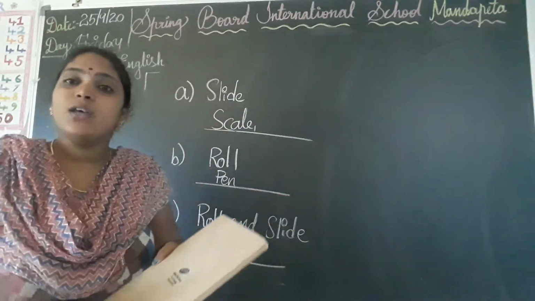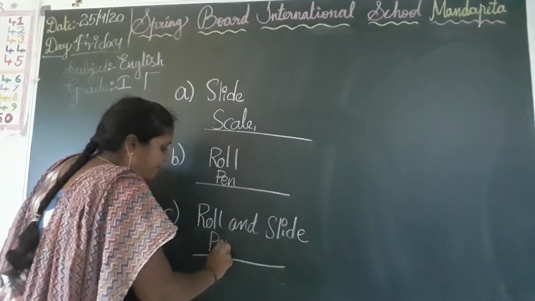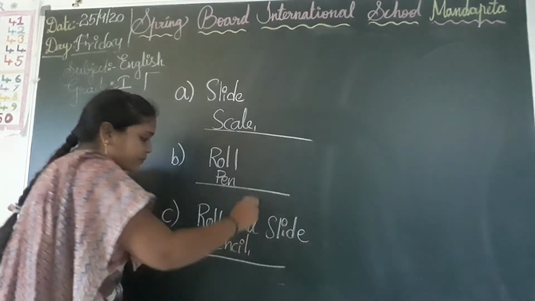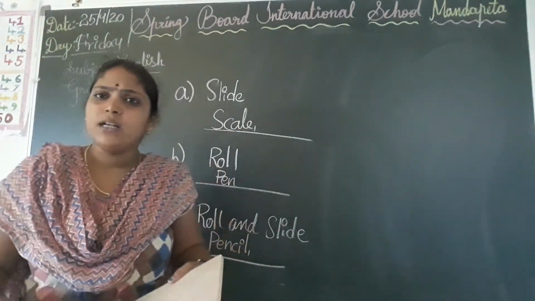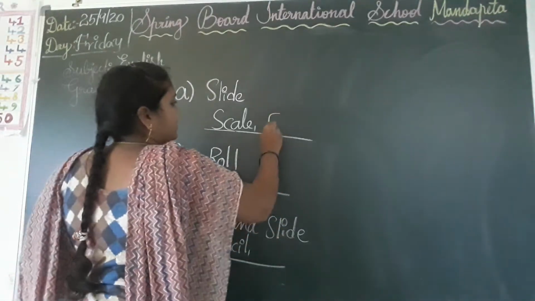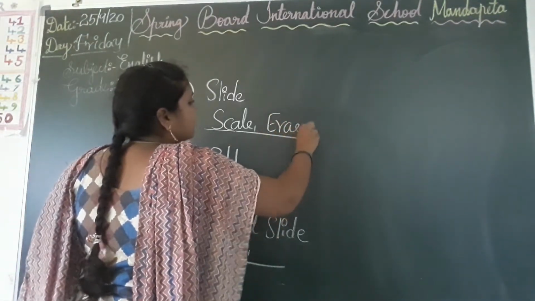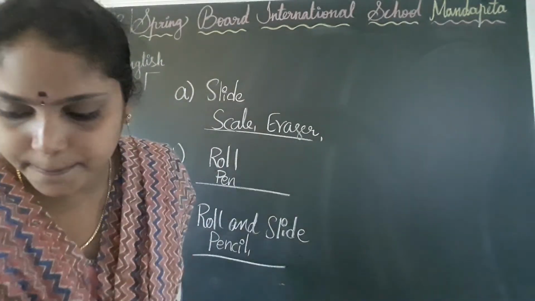So the pencil rolls and slides. So write the pencil here. Next, another example of a sliding object is the eraser. The eraser has a flat surface, so it slides. Okay, note down, everyone.